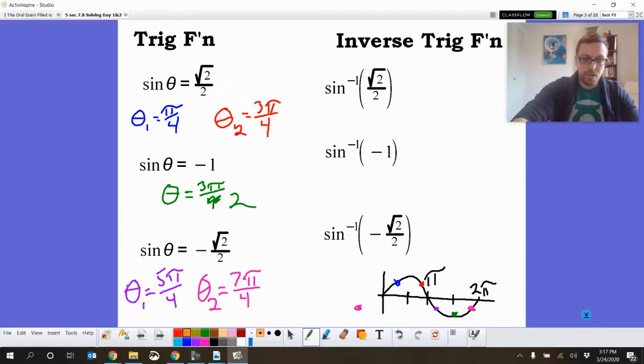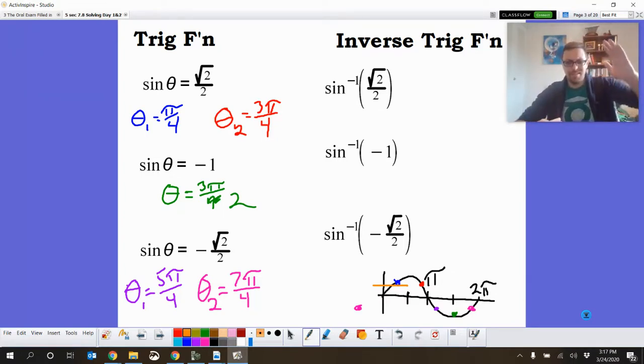So when we draw this line for the horizontal line test, you would probably start it right there. But as soon as you reach pi over 2, then it starts failing because it starts going back down. It kind of went up and then it went back down. I don't know if that's going in the right direction. This way, mirrors are weird. But it fails the horizontal line test.